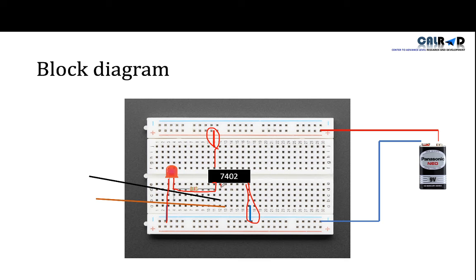Finally leg 2 and leg 3 are for inputs. On leg 2 we put a black wire, while on leg 3 we put a brown wire. So this is the experimental setup or block diagram.